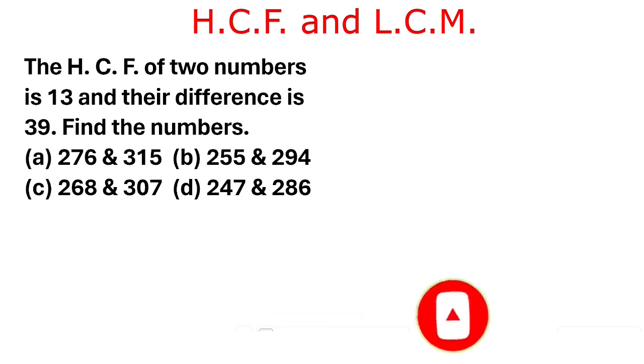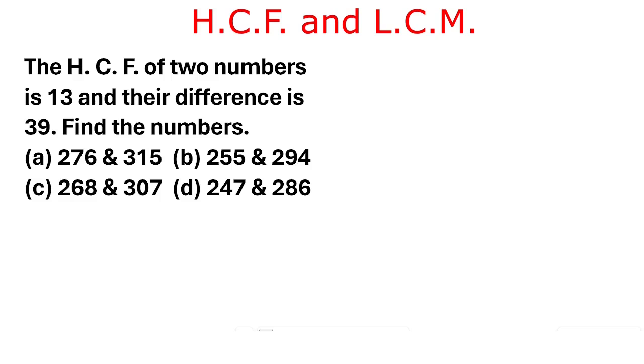Observing the question, we find that many such pairs are possible satisfying the given condition. So we have to solve it from the given options. In the given options, each number must be divisible by 13. In option A, 276 is not divisible by 13.